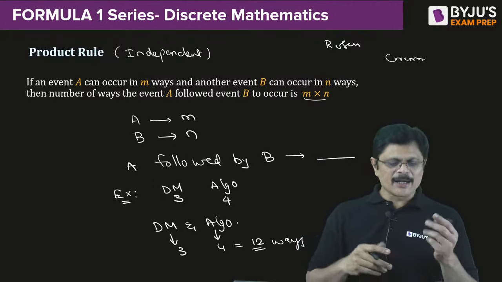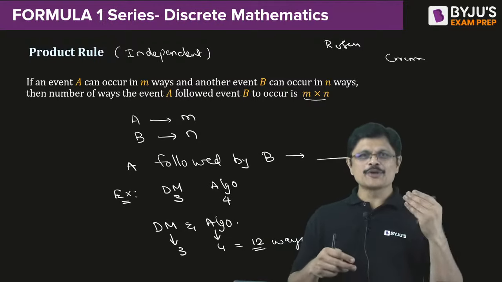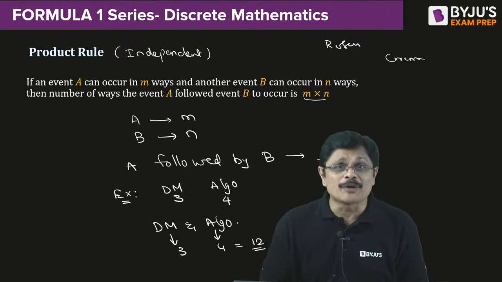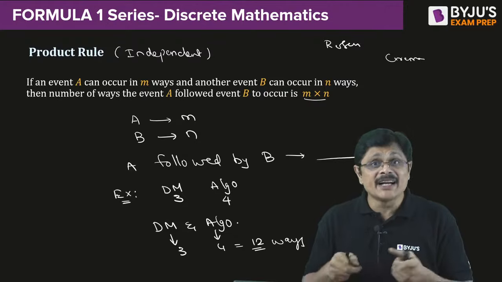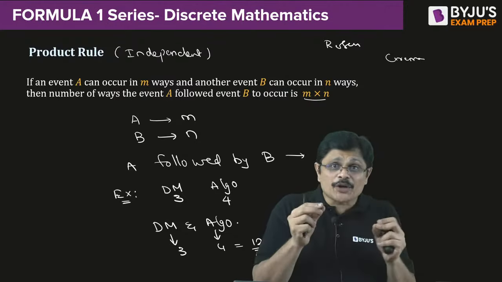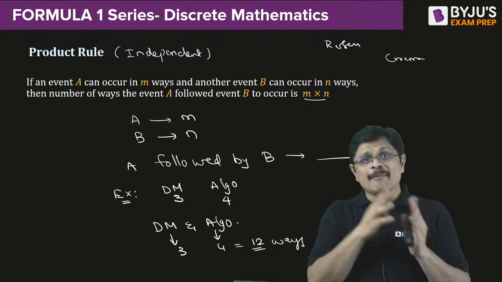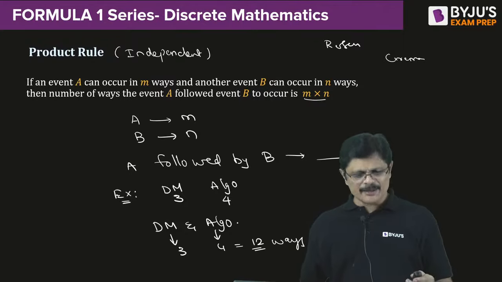Then the event becomes dependent. The answer will not be 12, my dear friends. So whenever you say this simple product rule, the answer is 12, that is 3 into 4 or m into n, when they are independent. So that is the first result.